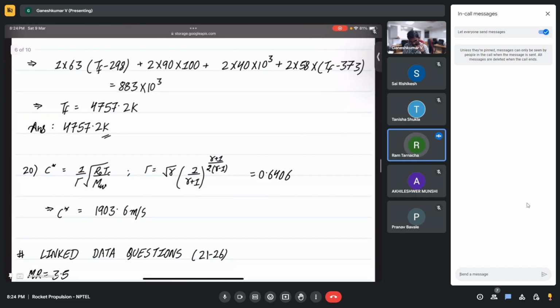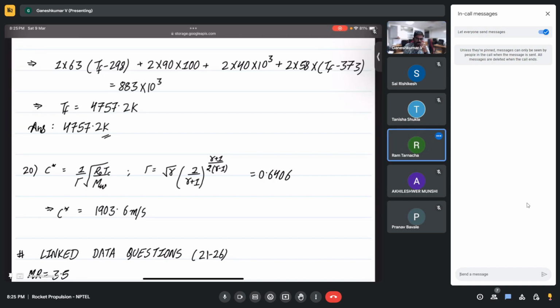That will change the value of C star also. I see. But what I feel is, 25 Kelvin difference in CP of H2O is creating like 700 Kelvin difference in adiabatic flame temperature.